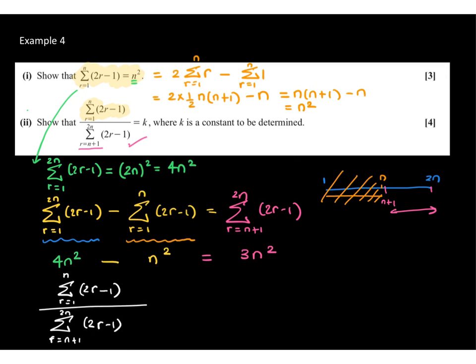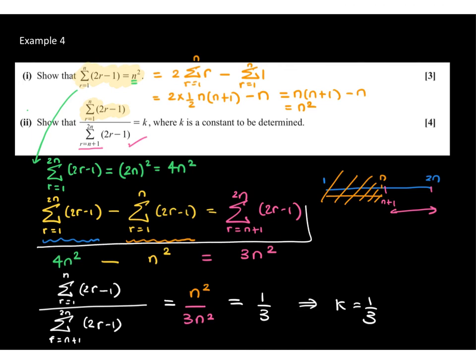So we know that the numerator of this is equal to n squared, the first part of the question that we worked out, and we know that the denominator of this is equal to 3n squared, which we've just calculated right now, and the n squareds cancel, which leaves us with a third, which tells us that k is equal to 1/3.